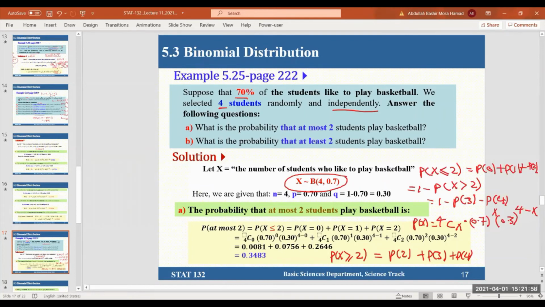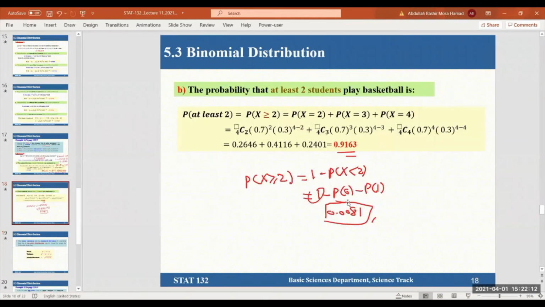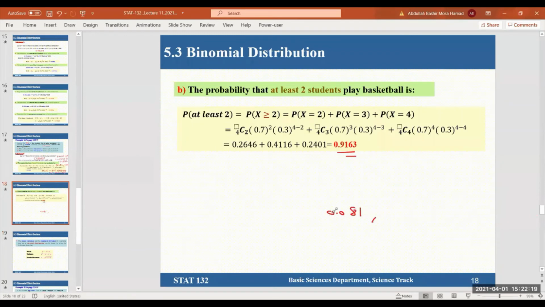Or it could be 1 minus P of 0 minus P of 1. Both are right. So at least 2, P of X greater than or equal to 2, is P of 2 plus P of 3 plus P of 4.